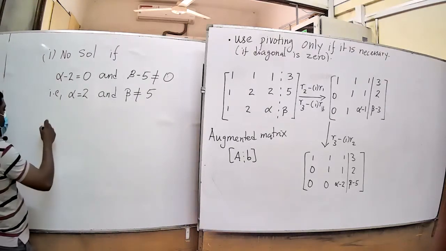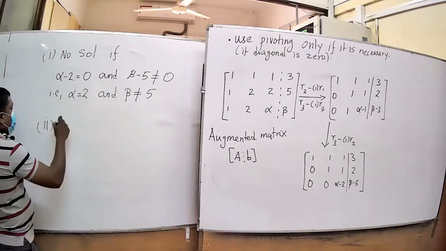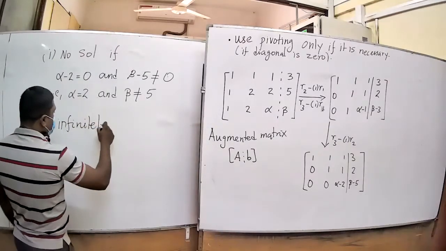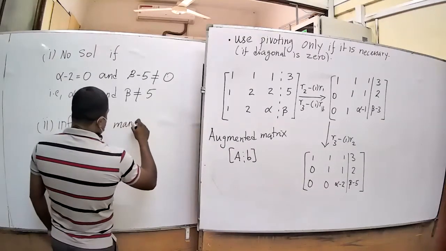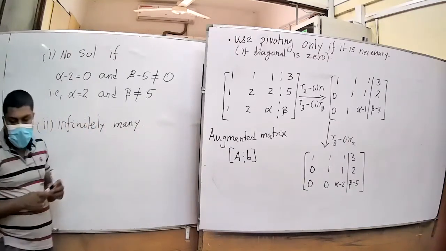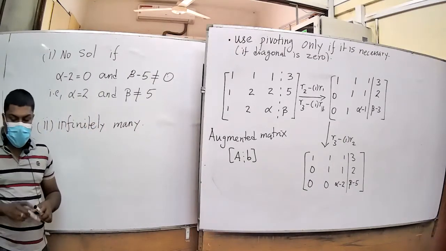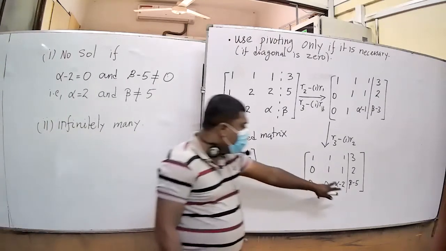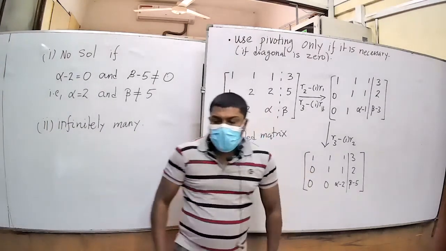So that is the condition for no solution. Second one, the infinitely many solution case. Here you should have 0 equal to 0.